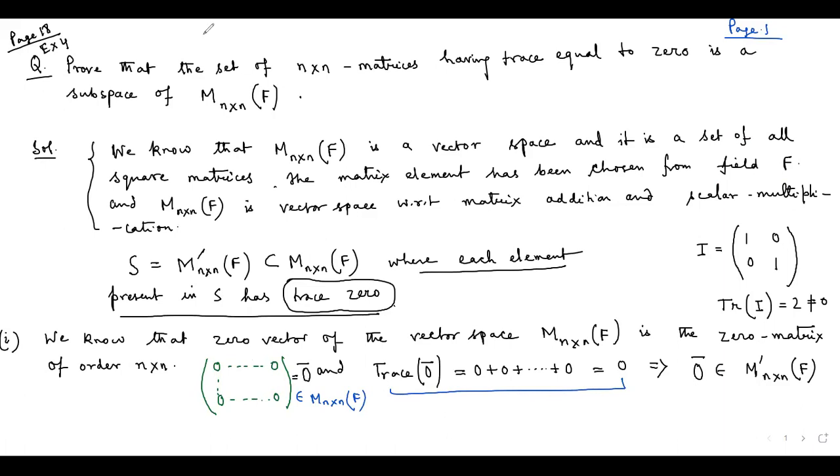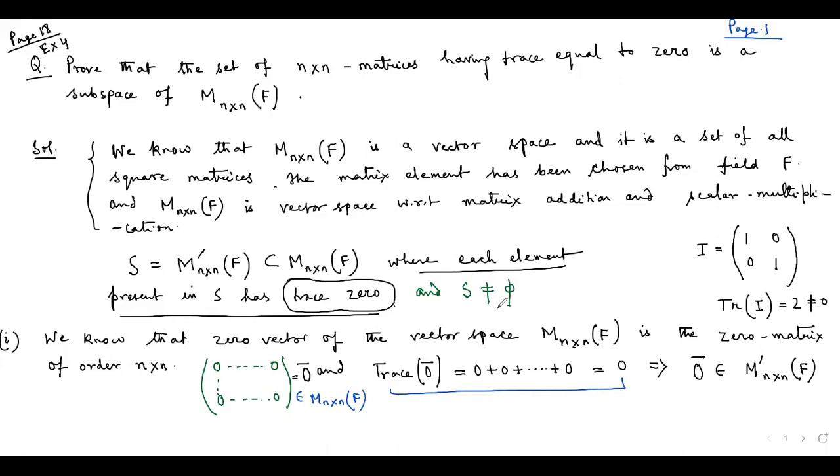So we first started with the vector space, then we designed the subset, and obviously capital S, I must write it over here. Capital S is obviously a non-empty subset.